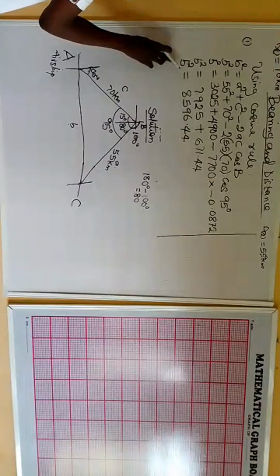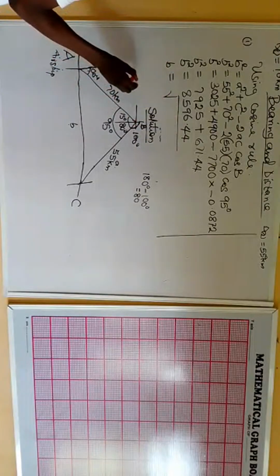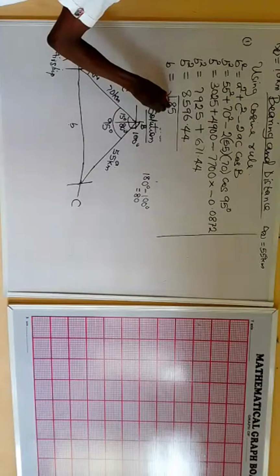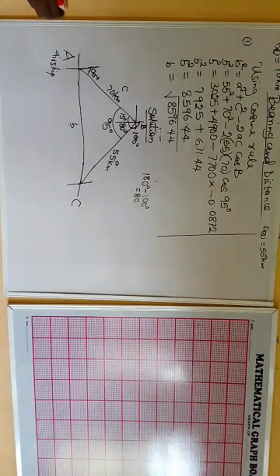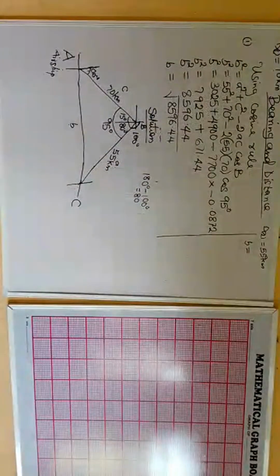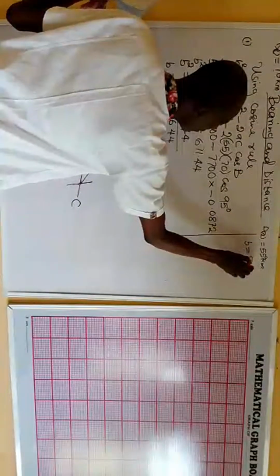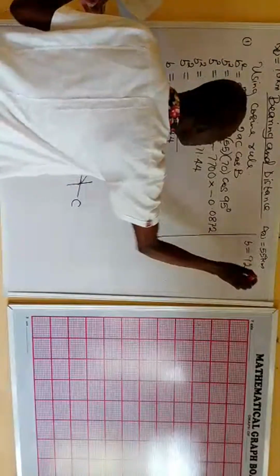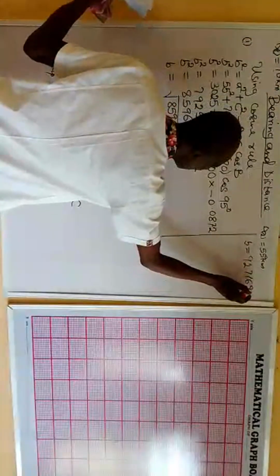We are looking for b, but not b squared. Then what is b? It is the square root of 8596.44. Let's look at the square root. It gives us 92.71698.